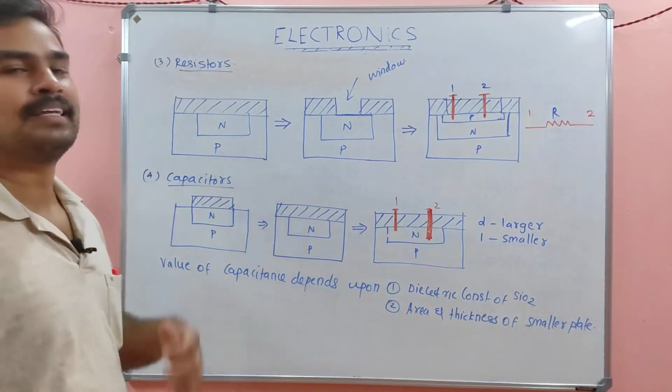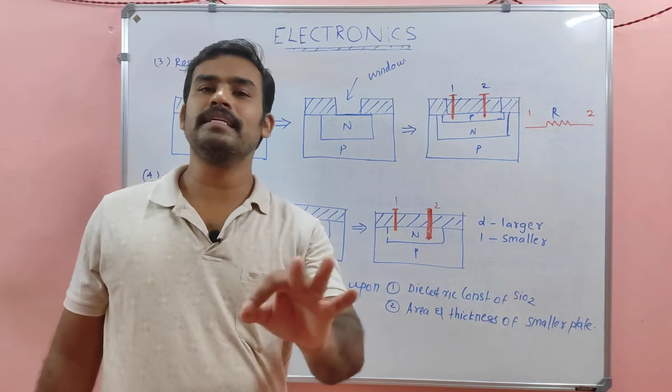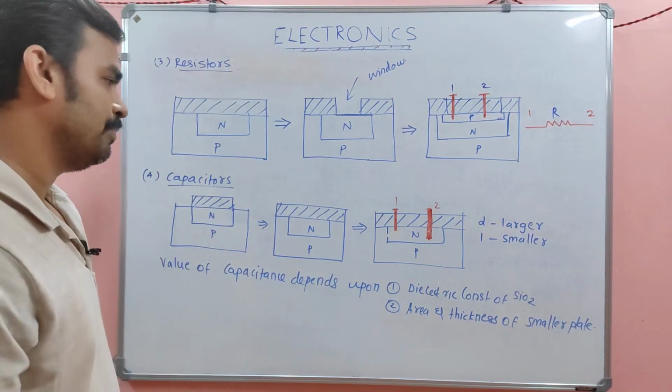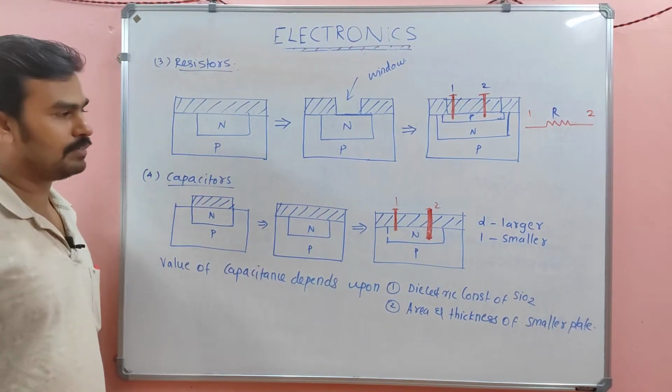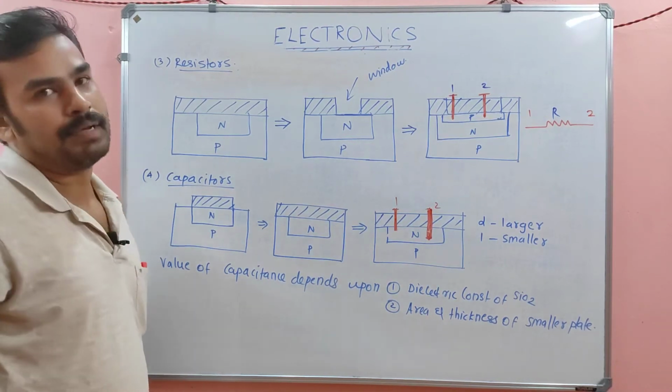That's how we can vary the capacitance. And you have to note one thing: it's not beyond 30 picofarad. That's how we created resistors and capacitors.